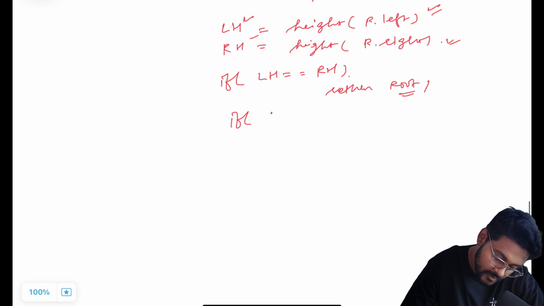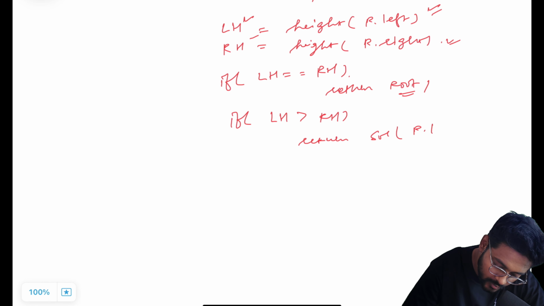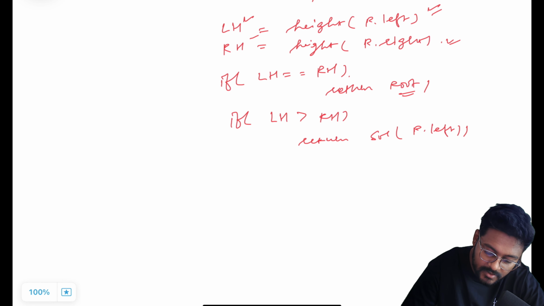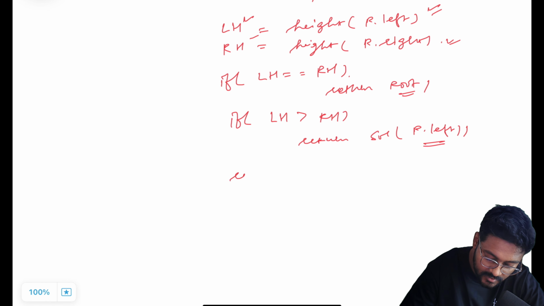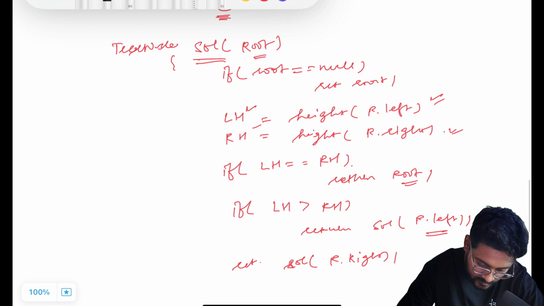If left height is greater than right height, then what I have to return is solution of root dot left. It means the solution will definitely be lying on the left part. Otherwise return solution of root dot right. Otherwise go to the right side.